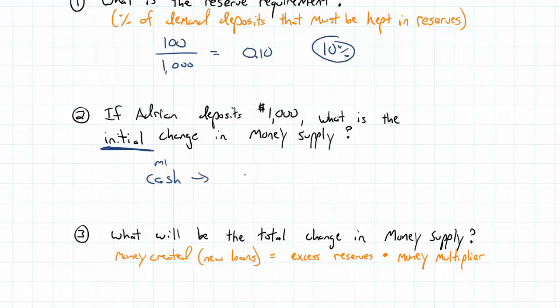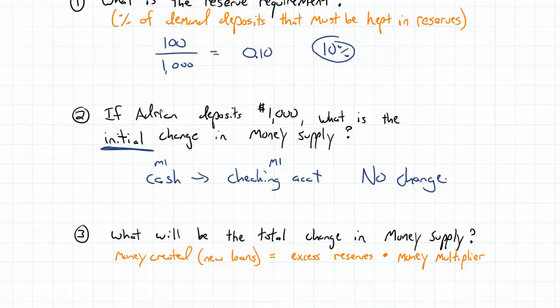And then if that gets deposited into a checking account or into a savings account, both of those are also M1. So there is no change initially in the money supply when the money goes from the form of cash to the form of a checking account.